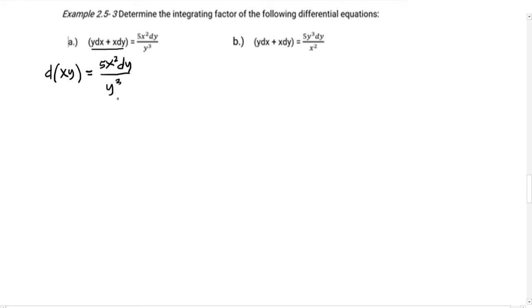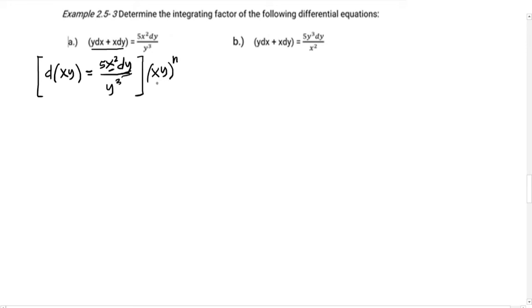As noticed, the right member is not ready for integration. It is because we have dy here, but we also have the variable x. So we need to eliminate x. And because of that, we need to multiply this by the integrating factor xy raised to n.